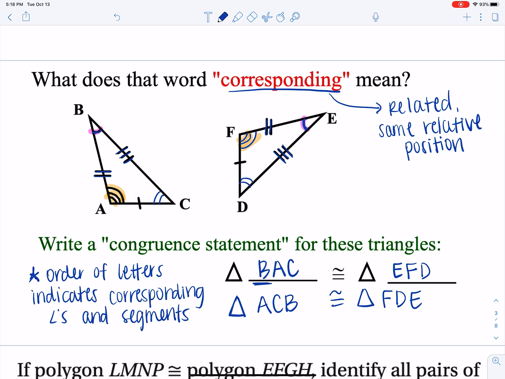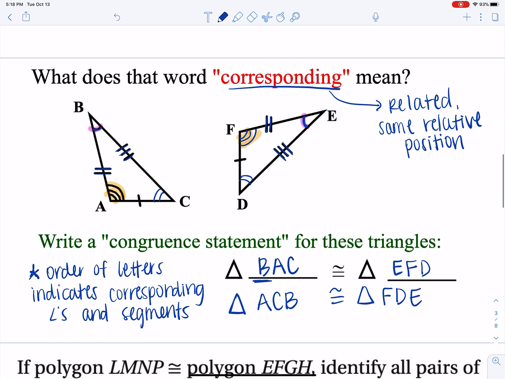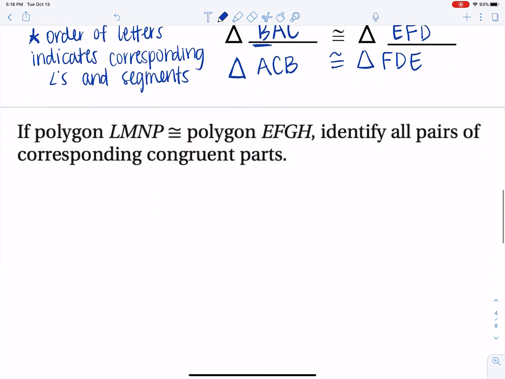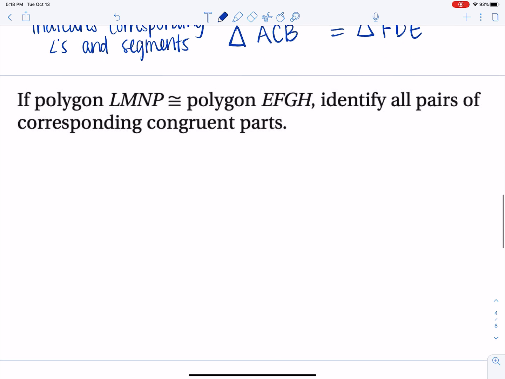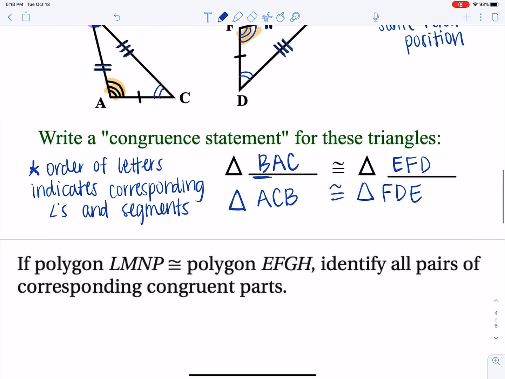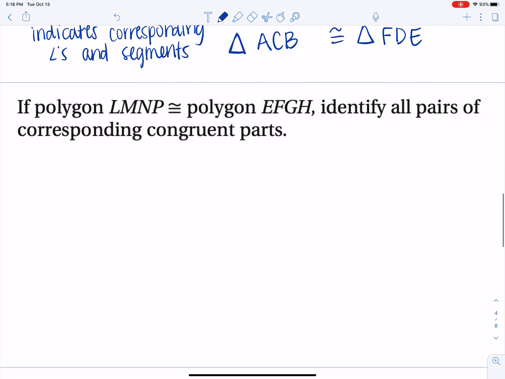And so there's about 6 combinations of ways that we could write the triangle congruent statement between those 2 triangles. So we use that property of congruent statements, that corresponding segments and corresponding angles can be identified from the order of the letters, and we can apply that given any congruent statement.